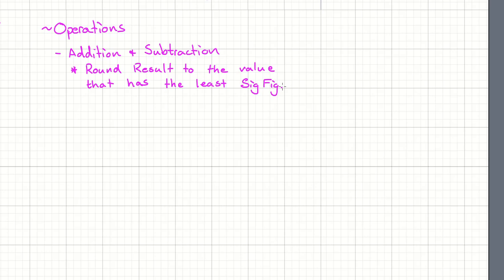Okay, that's all. Adding and subtracting, just find the one that's the smallest and just use that, piece of cake.